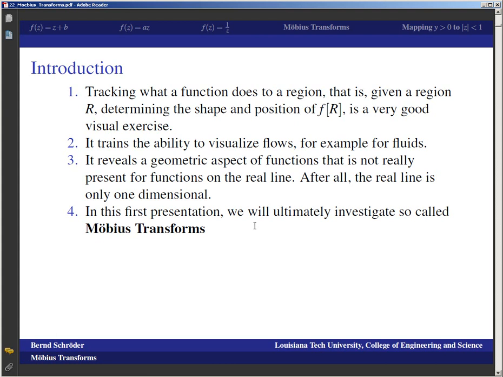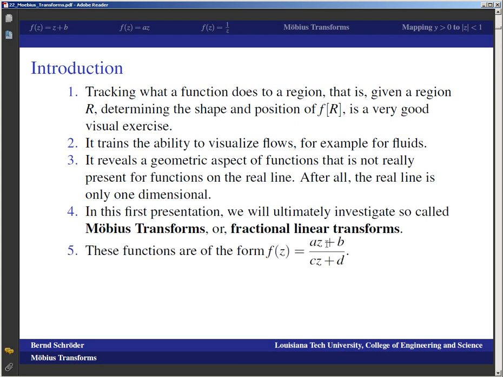In this first presentation, and we're going to talk about these deformations a little bit longer than just one transformation, we will ultimately investigate the so-called Moebius transforms, and they really are named after a gentleman named Moebius, and I would presume that he was the one who, for the first time, really investigated these transforms. They're also called fractional linear transforms, and basically they are of the form f of z equals az plus b over cz plus d.